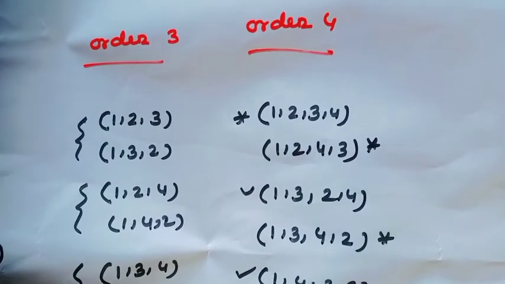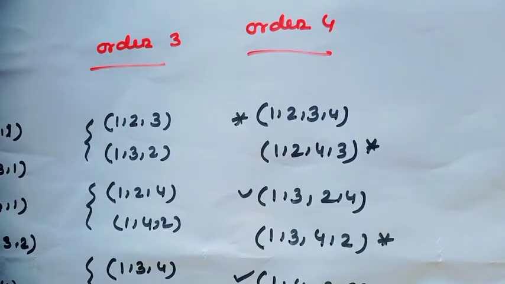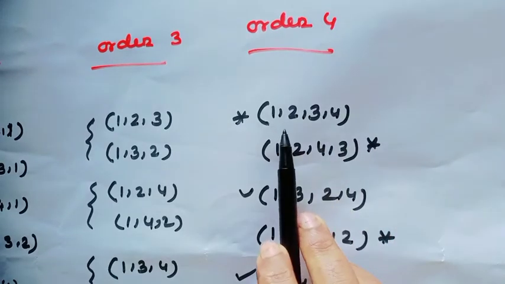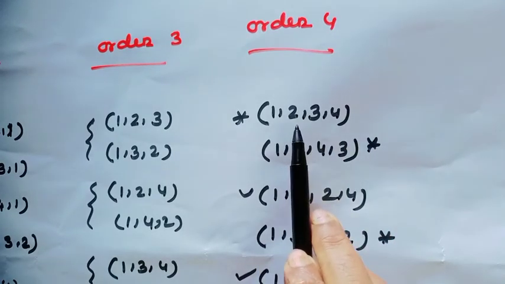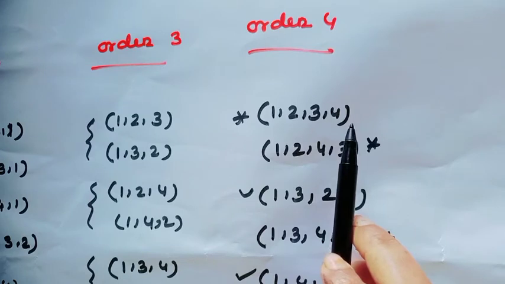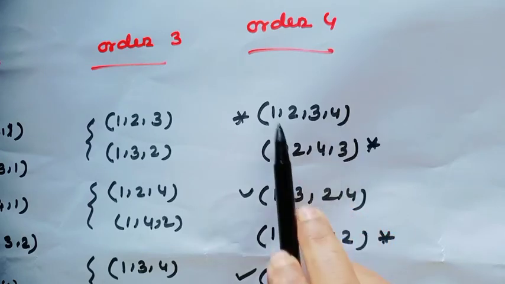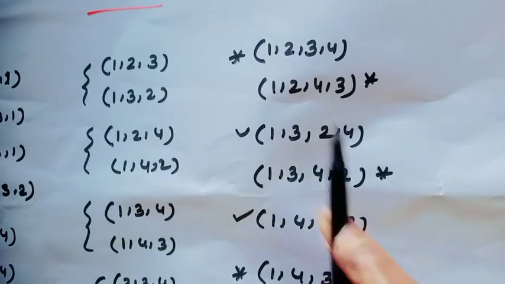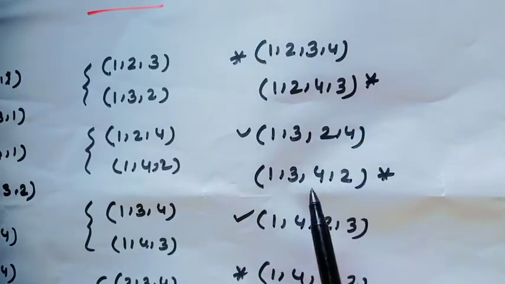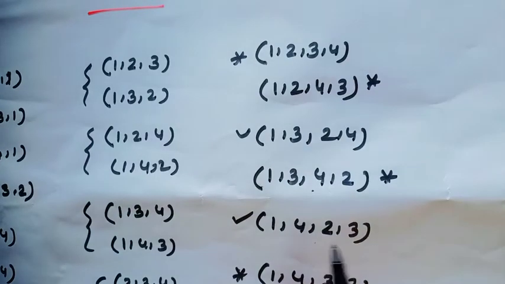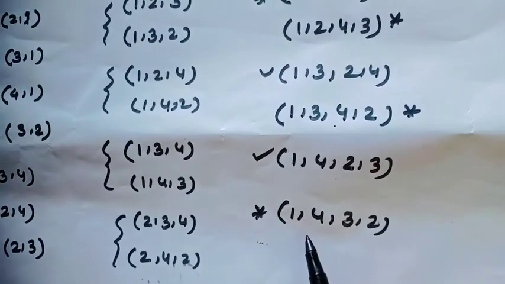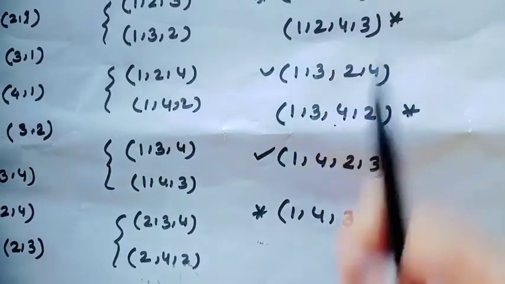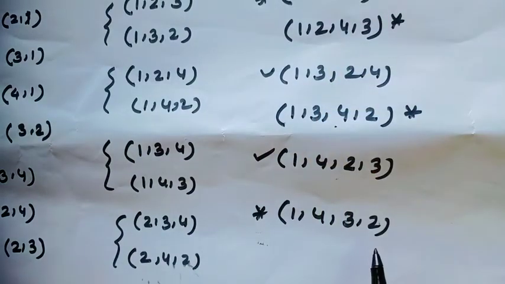And the next cycle is the order 4 cycle. Here 1 goes to 2, 2 goes to 3, 3 goes to 4. And the inverse of this cycle is 4 back to 1. That means these two cycles (1 2 3 4) and (1 4 3 2) are inverses of each other.